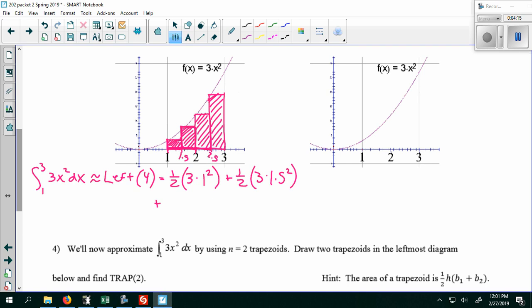Third rectangle, base is 1/2, and the height is the value of 3x squared when x is 2, so 3 times 2 squared. Plus 1/2 times my fourth rectangle, base of 1/2, and the height is the value of 3x squared at x equals 2.5, so 3 times 2.5 squared. And this should come out to 20.25.